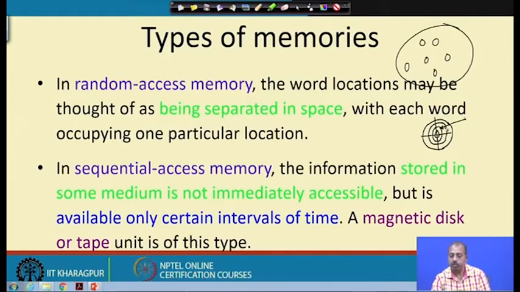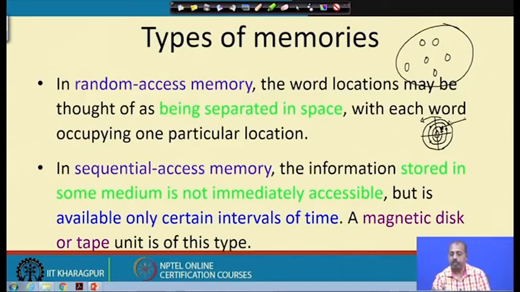Since this disc is rotating, after you have accessed this location, only then you can access this location. If I assume that the disc is rotating like this, you cannot access randomly. It cannot be the case that first you access this, then this, then this.